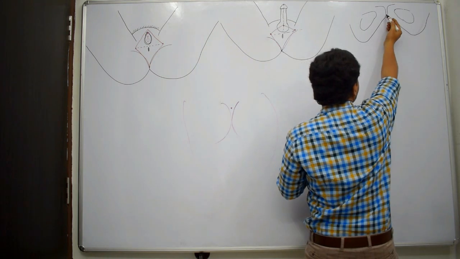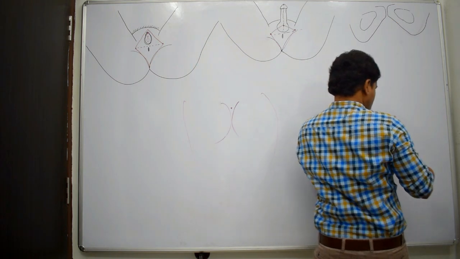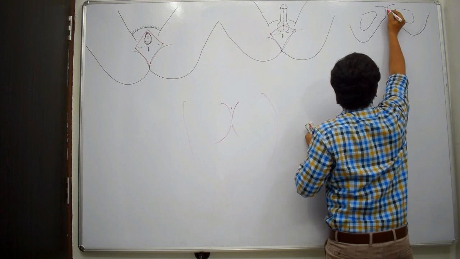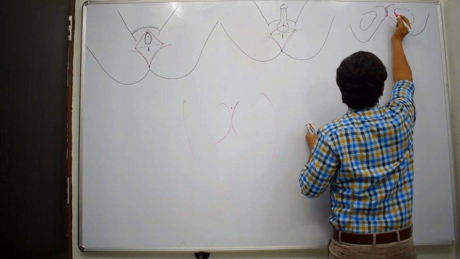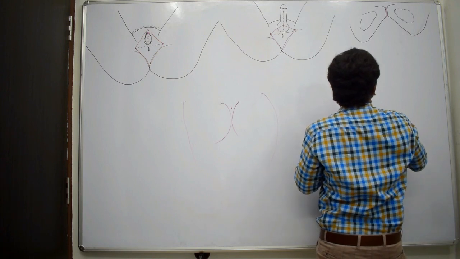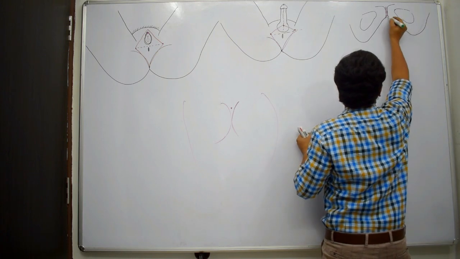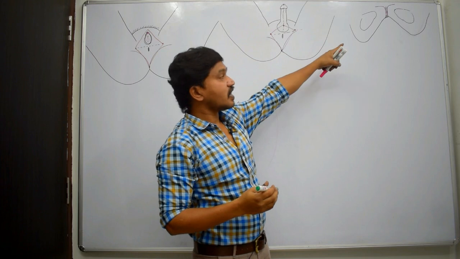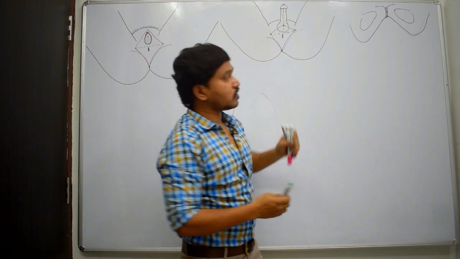So, anteriorly the symphysis pubis. Let me draw the cartilage here. Fibrocartilage. This is the symphysis pubis. Actually, at the lower margin of the symphysis pubis, we have a ligament. What is that ligament? The arcuate pubic ligament. Right? So this is in the anterior part and anterolateral part.